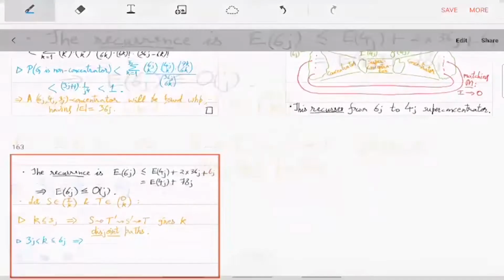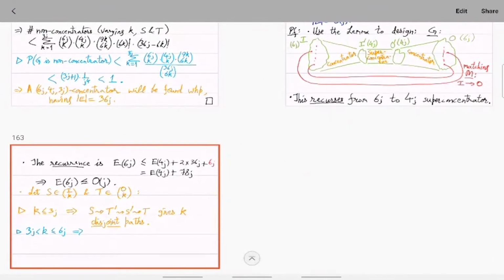So in this case, concentrator will not help, right, because concentrator only can see up to 3j. It's a 6j, 4j, 3j concentrator. For this, we will actually need to use the matching edges.